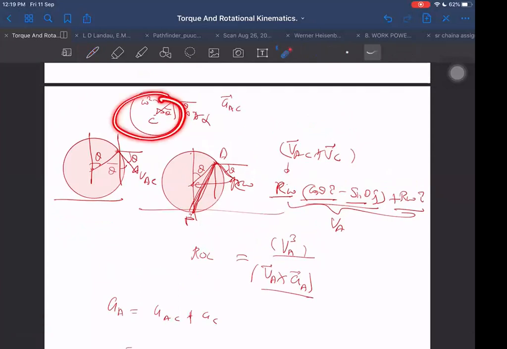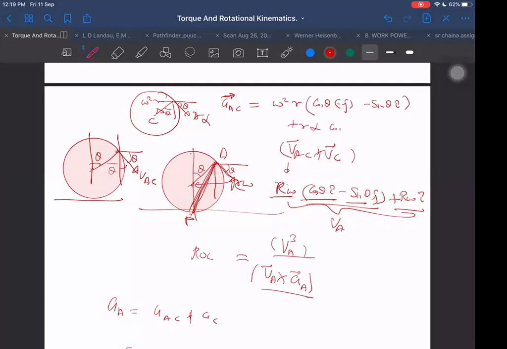AAC will be equal to omega square R into cos theta along minus j cap minus sin theta along I cap, and R alpha into cos theta along I cap minus sin theta along j cap. That is AAC.